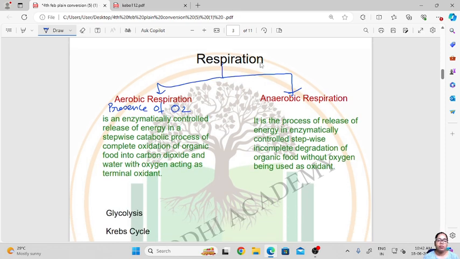So over here, the substrate is acted upon by oxygen to form carbon dioxide, water and energy. So this process wherein the respiration takes place in the presence of oxygen is called aerobic respiration.